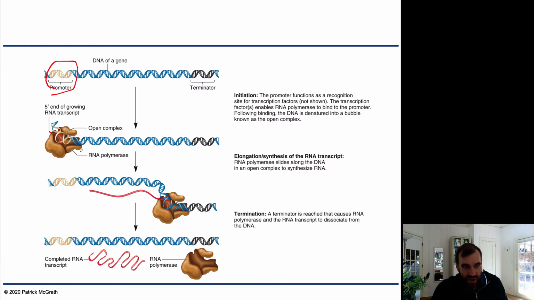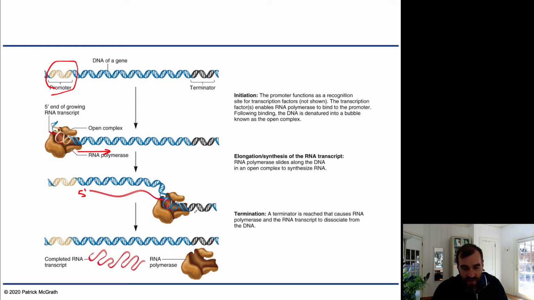After initiation occurs, the polymerase reads along the DNA and produces mRNA in a 5' to 3' direction. So this end is the 5' end. What's going to be produced is the 3' end, and it just slides along the DNA in an open complex, incorporating complementary nucleotides to the template antisense strand.